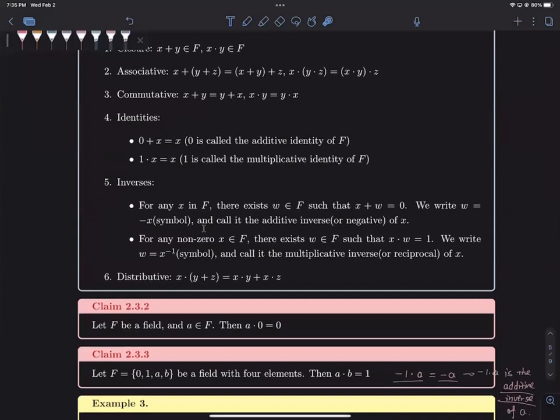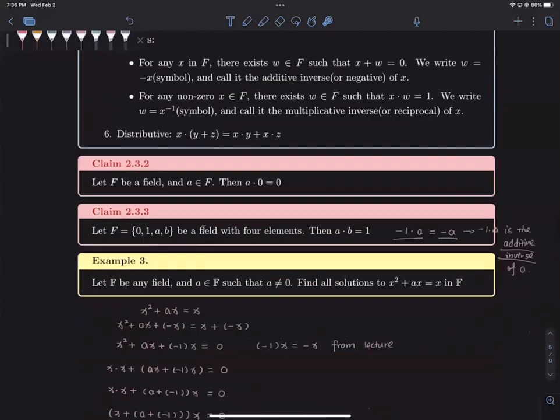So one element plus x equals x for all x. No matter which x you have, it always satisfies, then you can call it the identity. Any element in the field, if you add it to any of the elements, you always get x back, then you can call it the additive identity. Similarly for multiplicative identity.